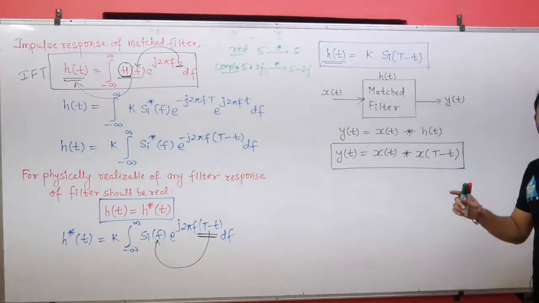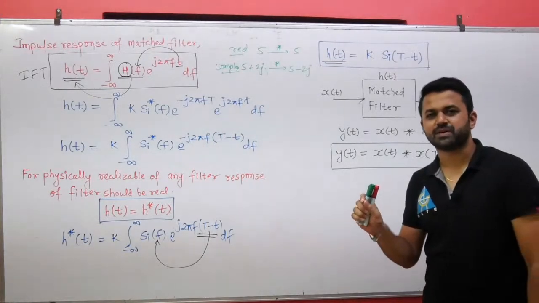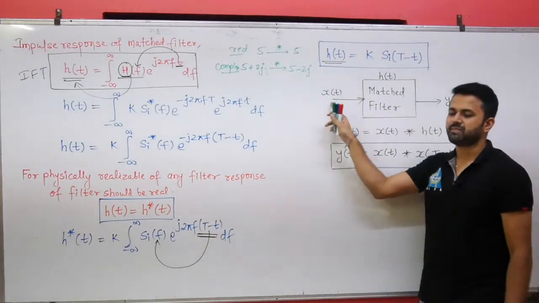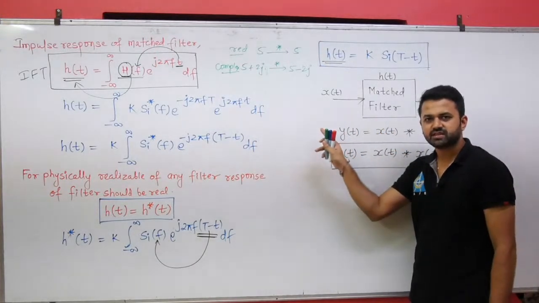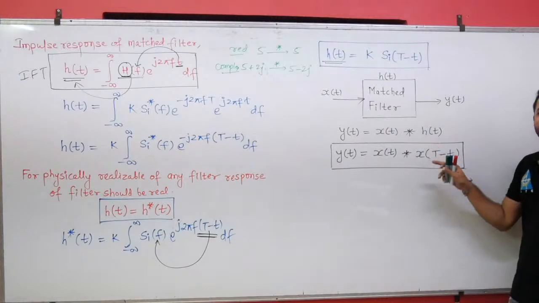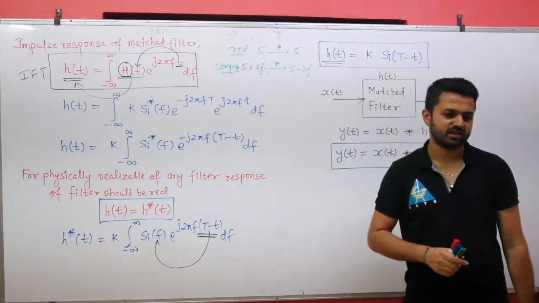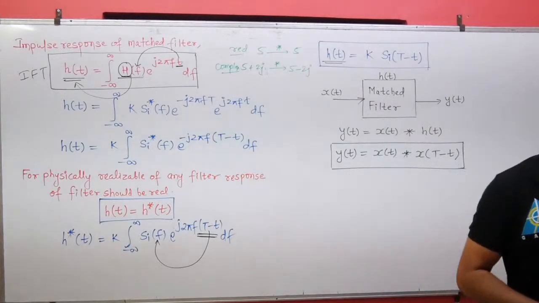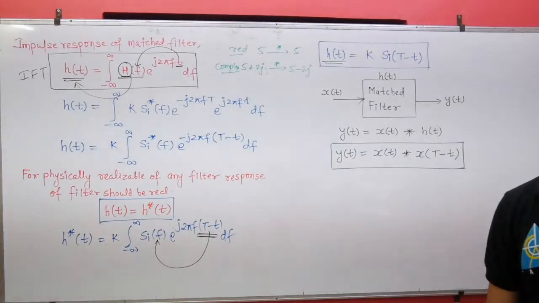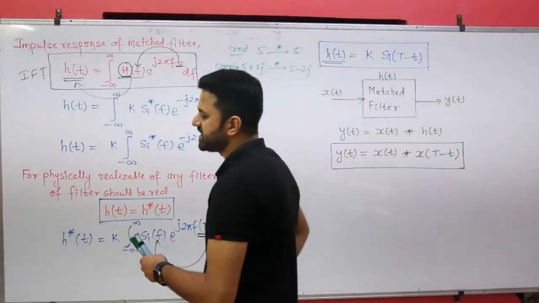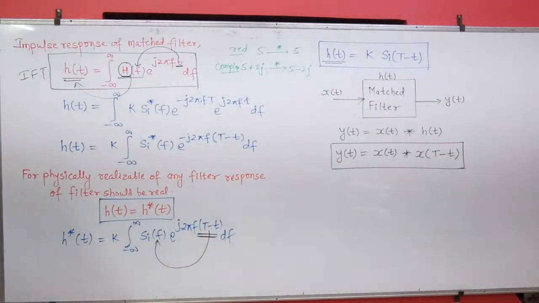So if you want to calculate the output of the matched filter, you have to convolve the input with the response, which is nothing but the folded and shifted version of the input signal.